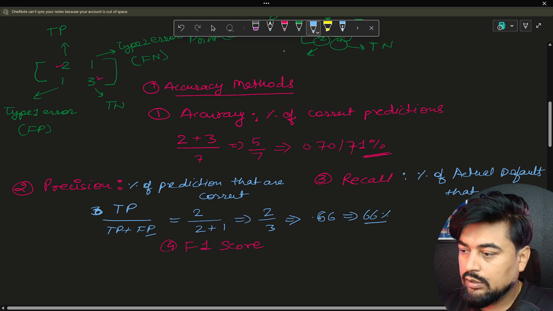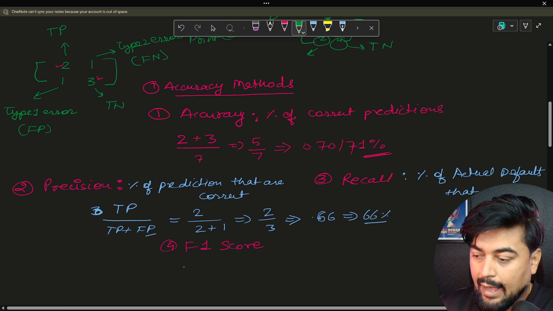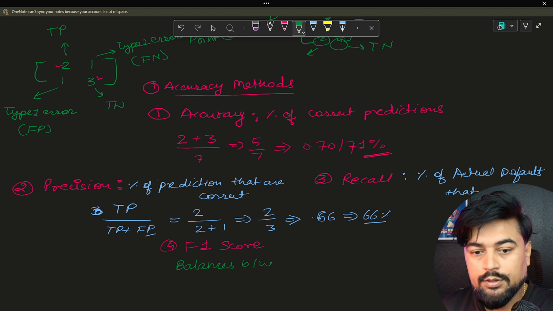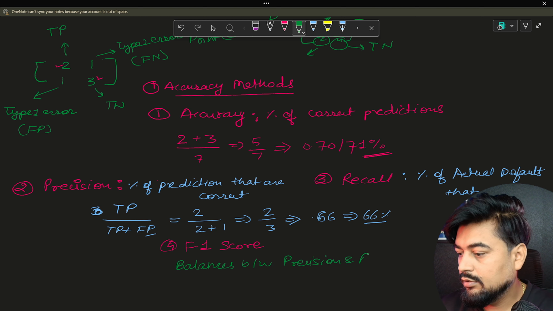Now let's move on to the F1 score. What is the F1 score? It talks about the balance between precision and recall.